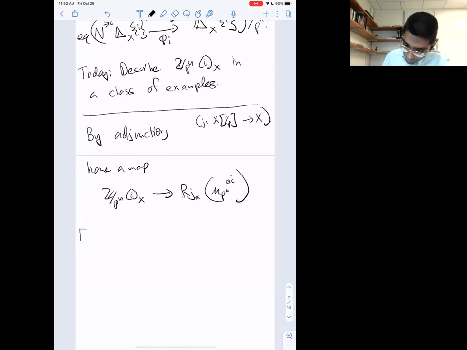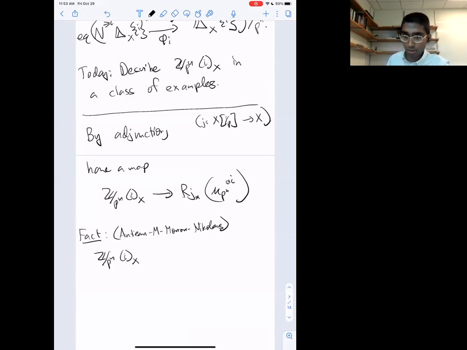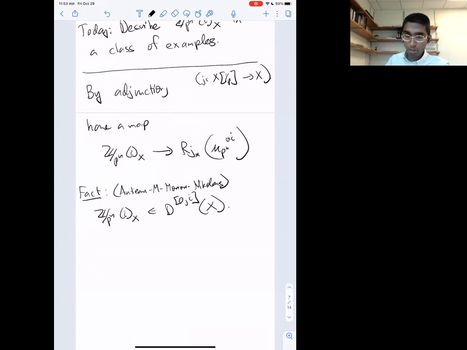And eventually we're going to get something that is often going to agree with Z mod p^n twisted by i sub X. So we're going to use the following fact. The first refinement is this fact, which was proved with Antieau, Morrow, and Nikolaus. It states that Z mod p^n twisted by i sub X always has a cohomological bound: it always lives in degrees from 0 to i on X. So we can refine the above map to the i truncation.